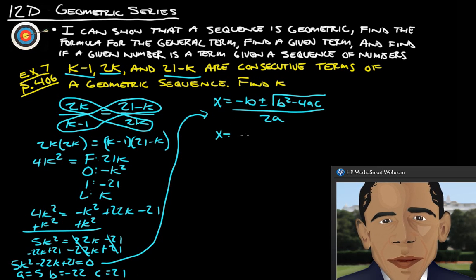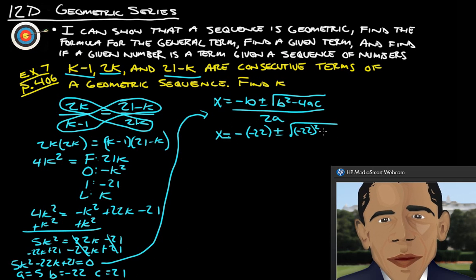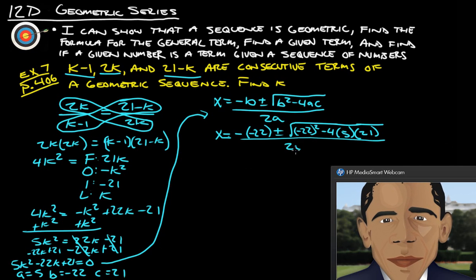We get x equals negative, B is negative 22, so it's negative negative 22, plus or minus the square root of negative 22 squared minus 4 times A, which is 5, times C, which is 21, all over 2 times A, which is 5.